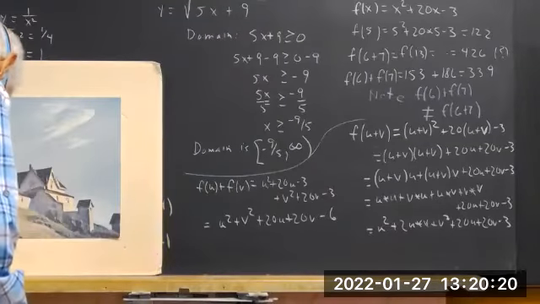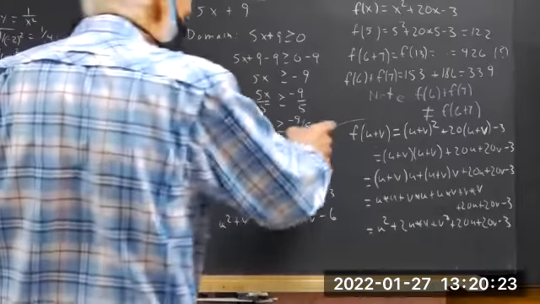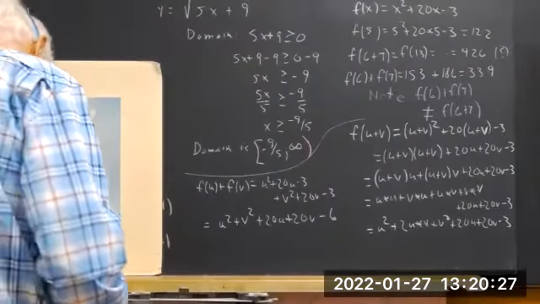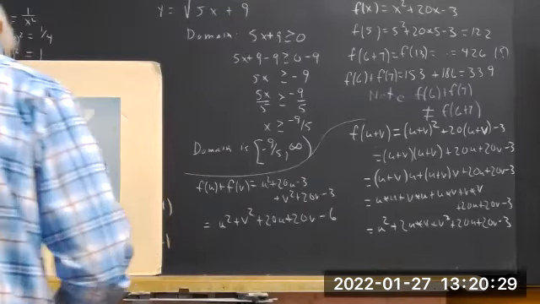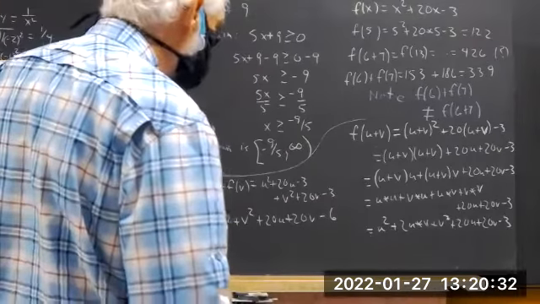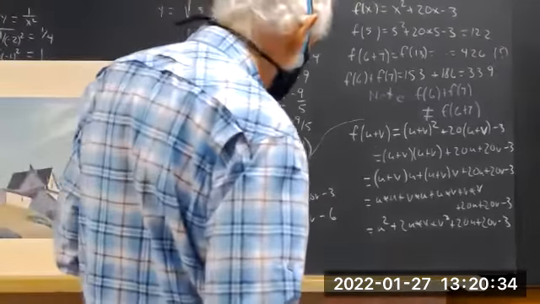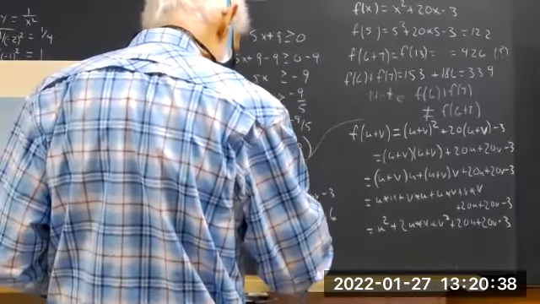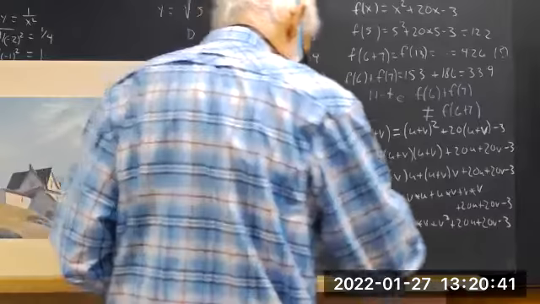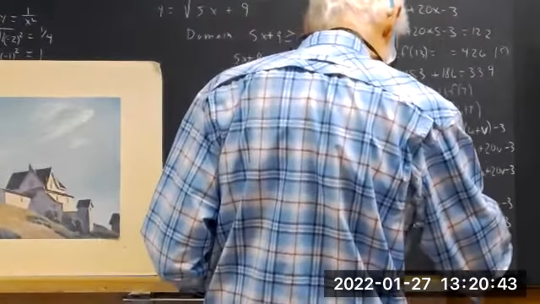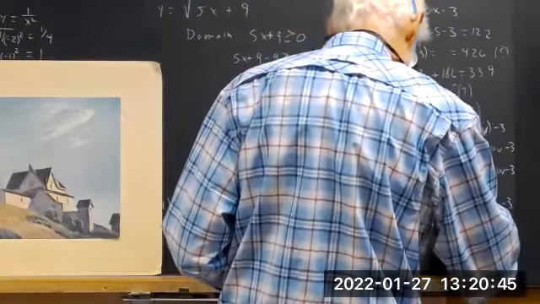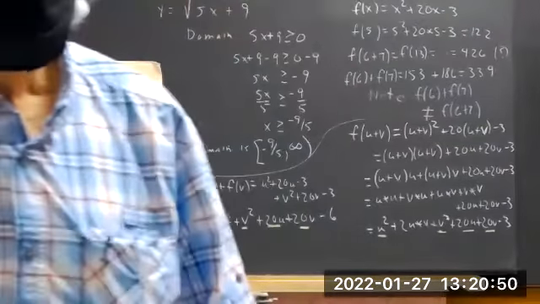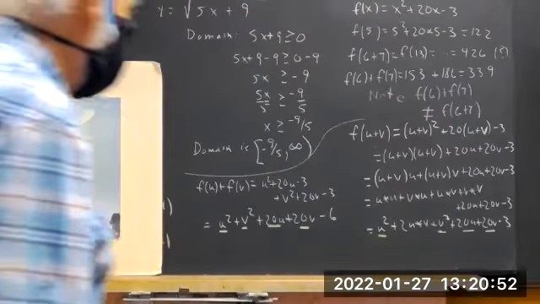So what matches and what doesn't between this and this? Well, what matches is the u squared and the v squared, and the 20u and the 20v. I've got to take back something I said before.